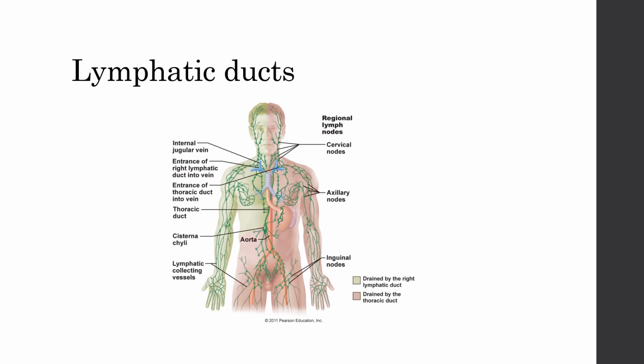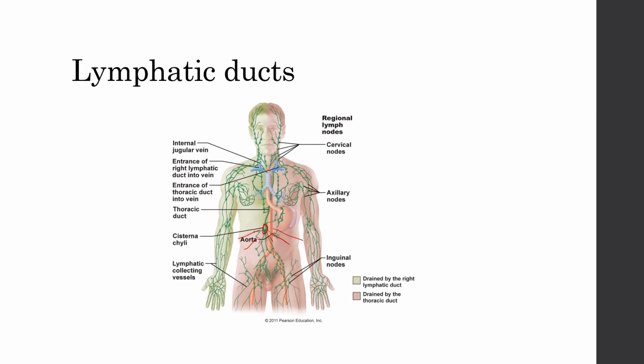Lymphatic ducts, there are only two. Yay us. Okay, yay them. First, all lymph fluid from the lower half of the body drains to something called the cisterna chyli.